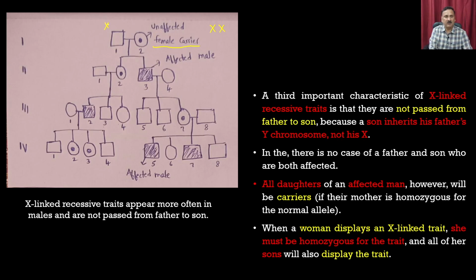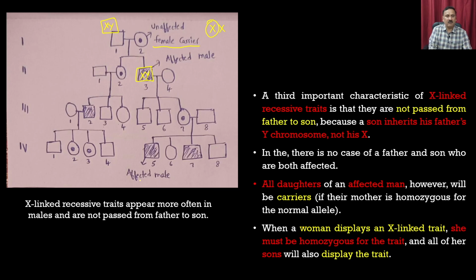Then they produce a male, and the male only has one X chromosome, which is from the female side. So it is from the carrier, and that's how it has the XY. As soon as he has the one X carrying the affected gene, he is going to show the disease.